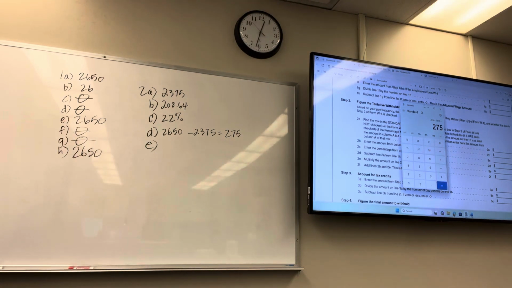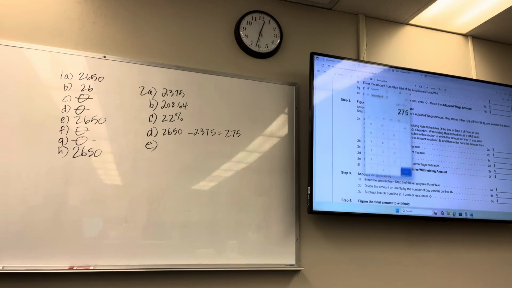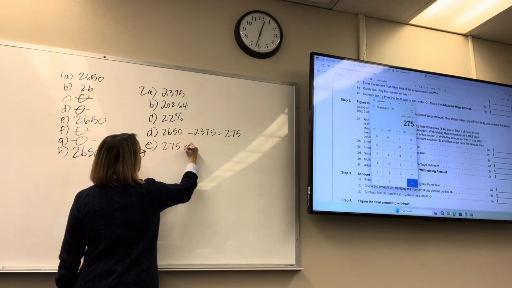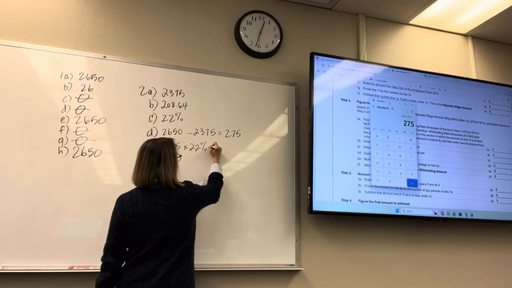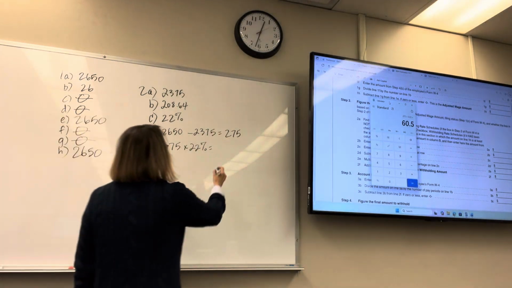Step E, multiply the amount on line 2D by the percentage on line 2C. So 275 times 22% gets us to $60.50.